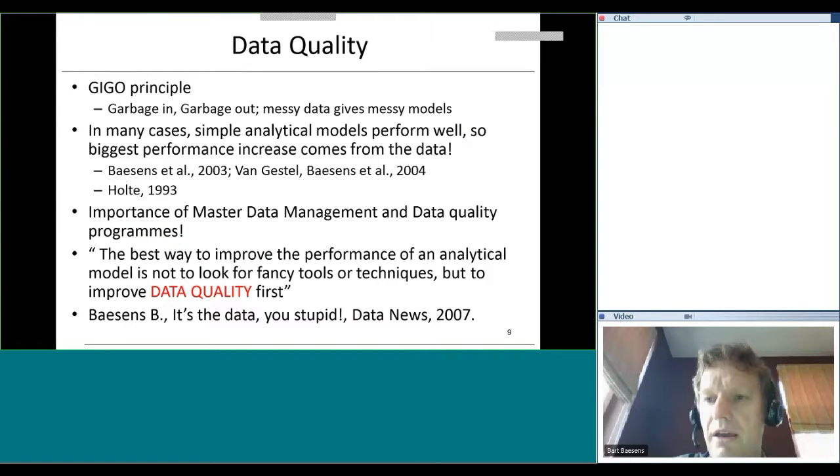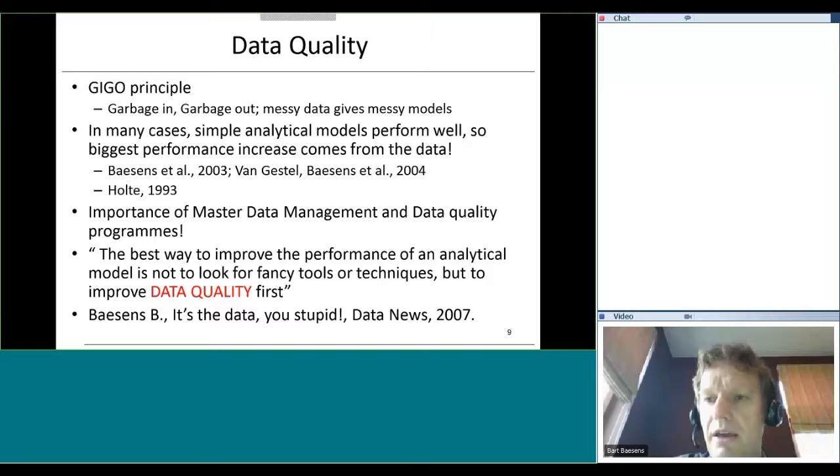Data quality is a very important concept, especially given the GIGO principle that states garbage in, garbage out, or messy data gives messy models. Throughout our research, we have consistently found that simple analytical models such as linear regression, logistic regression, and decision trees perform consistently well in various settings. So the biggest performance increase to come up with high-performing analytical models comes from the data.